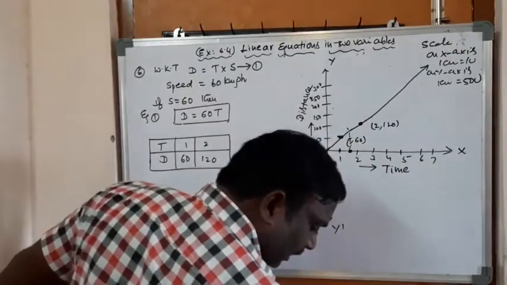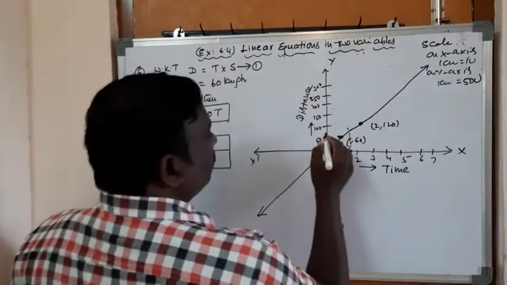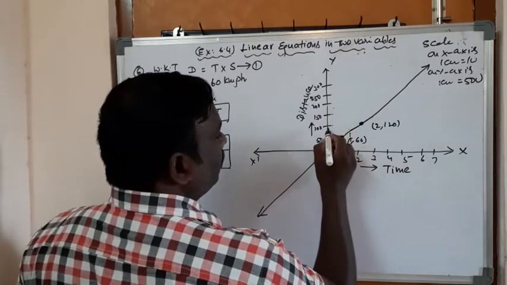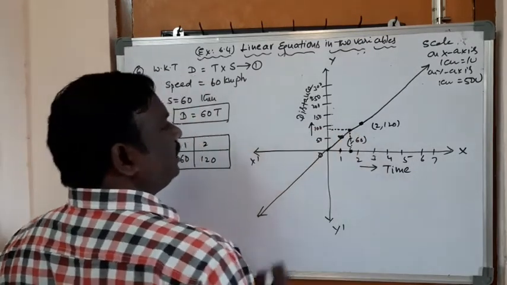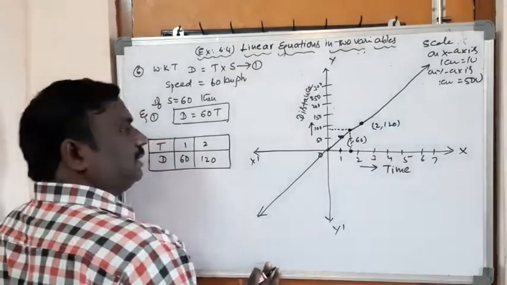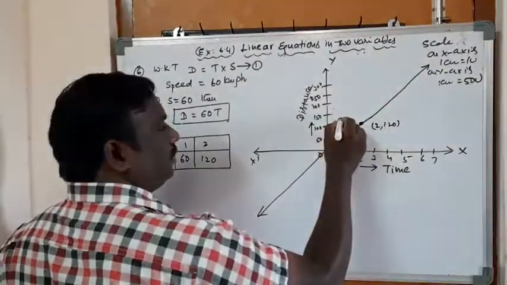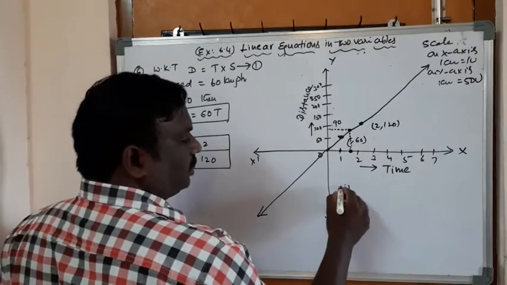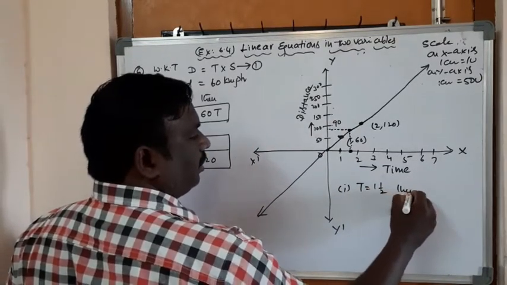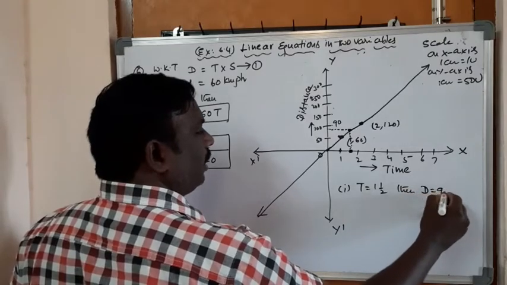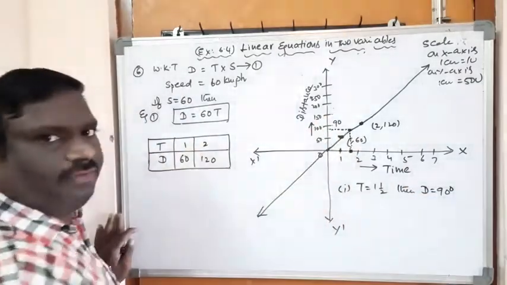It will intersect here, that is 90. So first question, if t equal to 1.5 hours, then d equal to 90. From the graph you can identify.